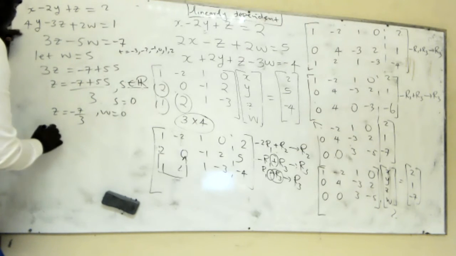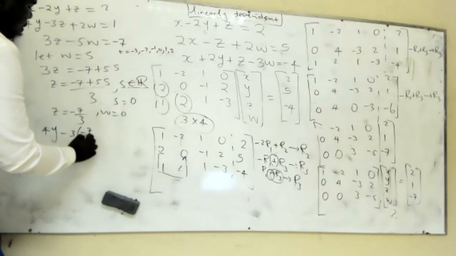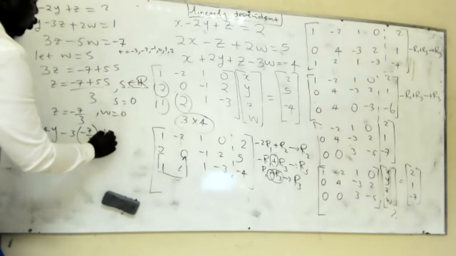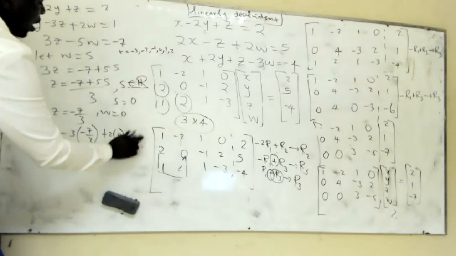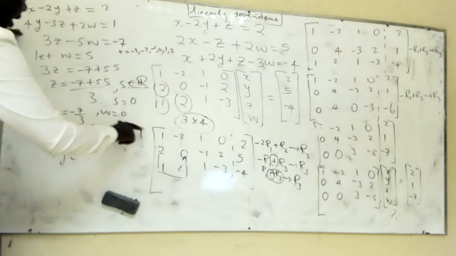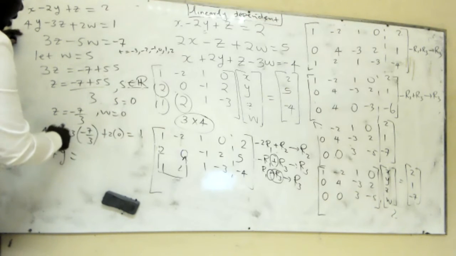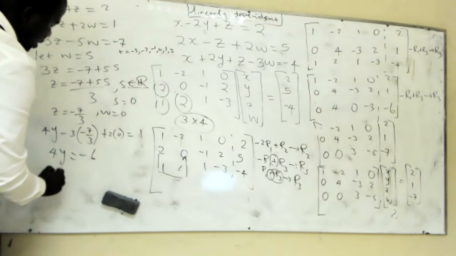Y is going to be 4y minus 3, and then where we have Z is -7/3 plus 2Z, W is 0, equal to 1, and then we make 4y the subject of the formula. All the other things we can take to the side. This cancels each other, so we're having a +7. When we take it to the side, it's going to be -6.